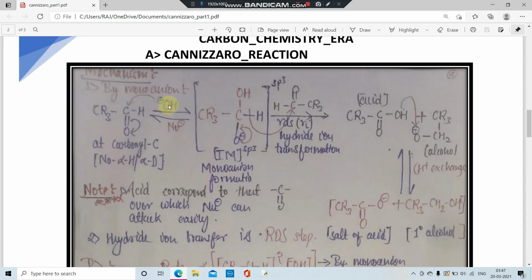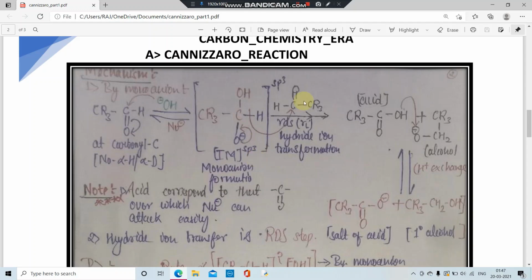The nucleophile, OH minus, attacks the carbonyl carbon. A new C-OH bond forms, and the C=O pi bond shifts as O negative, so a monoanion forms. Now it is an intermediate of tetrahedral shape, with sp3 hybridization.